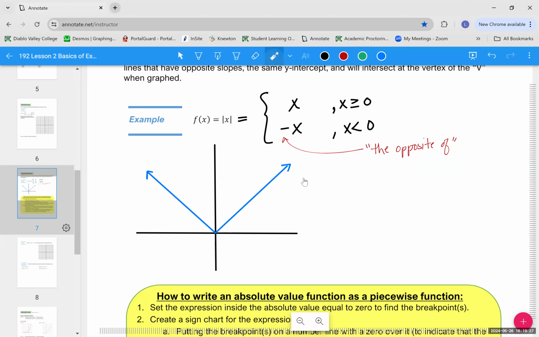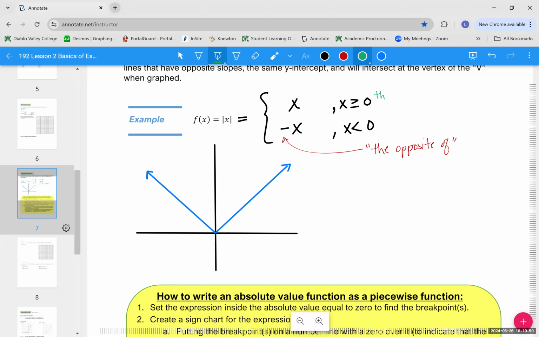So what we're really saying is if we plug in a positive number, we get out itself, which is this Y equals X line. And if we plug in a negative number, we get out the opposite of itself, which is this Y equals negative X line. So again, I'm just going to add a little bit more verbiage here to really illustrate what this is saying.